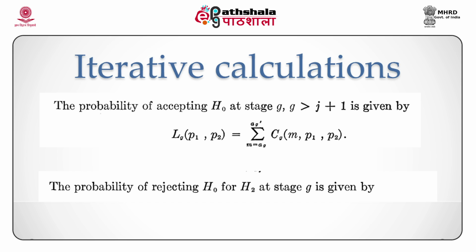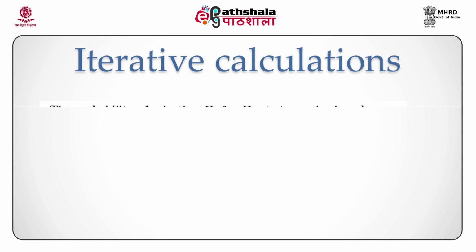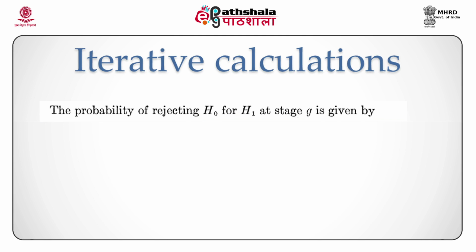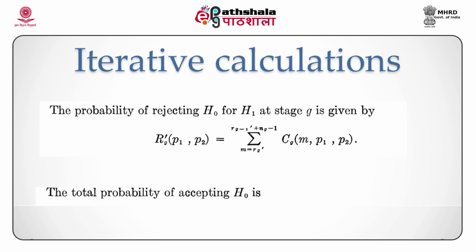The probability of rejecting H0 for H2 at stage G is given by R_G double dash P1 P2 equal to summation from R_{G minus 1} minus nu plus 1 to R_G of C_G m P1 P2. Similarly, the probability of rejecting H0 for H1 at stage G is given by R_G dash P1 P2 equal to summation m equal to R_G dash to R_{G minus 1} dash plus n_{G minus 1} of C_G m P1 P2.